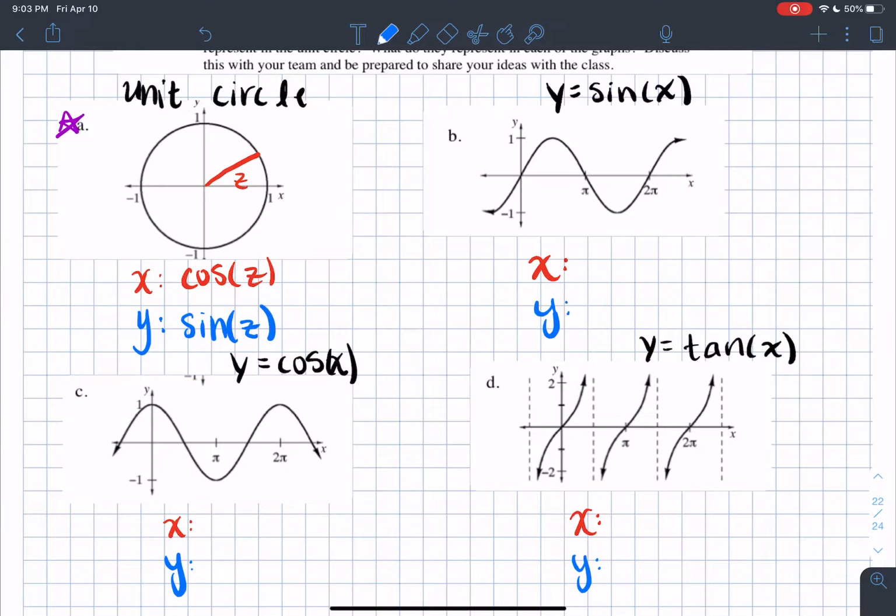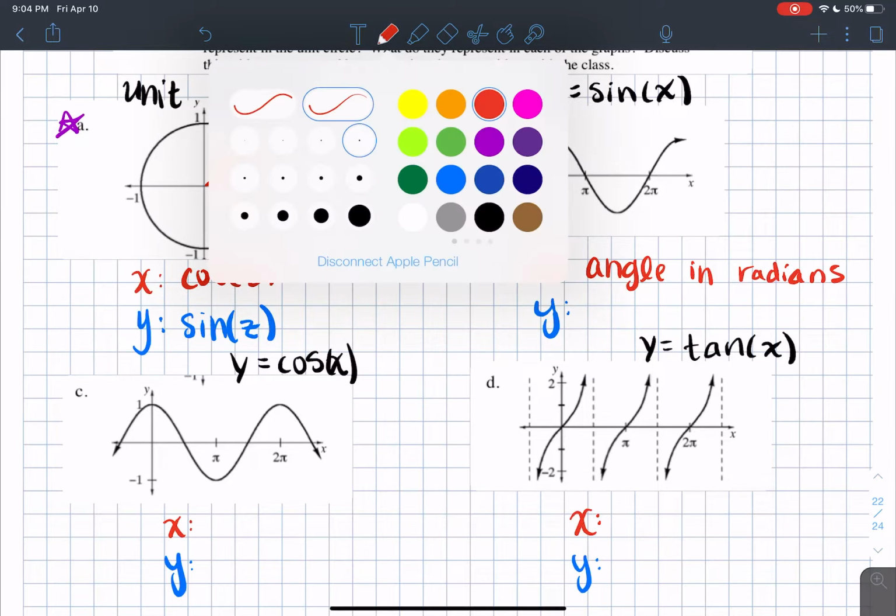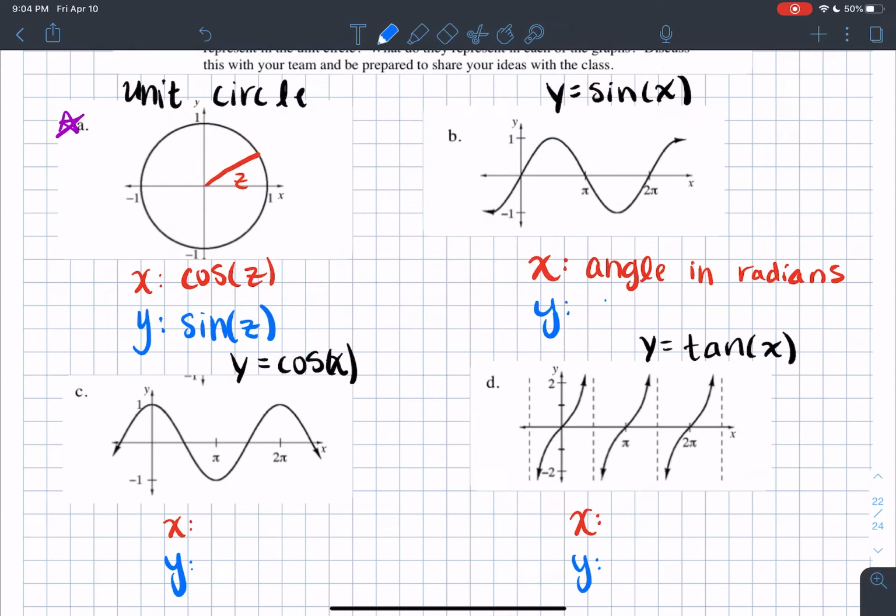However, when we move on to part B for the sine graph, x is represented by the angle in radians and y is represented by sine of the angle, so sine of x.